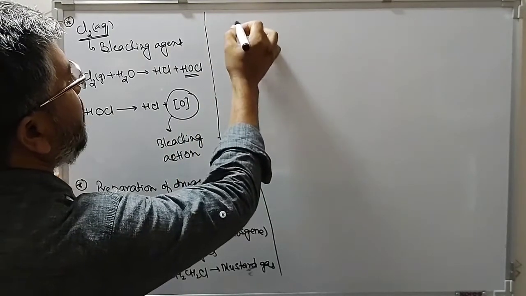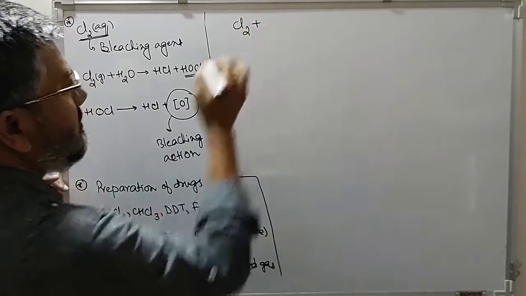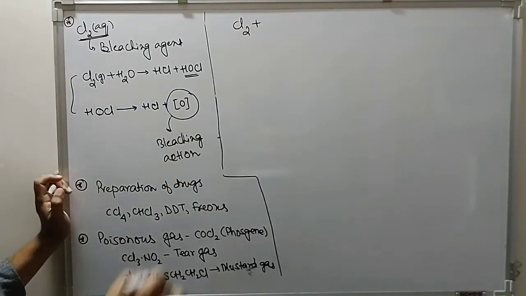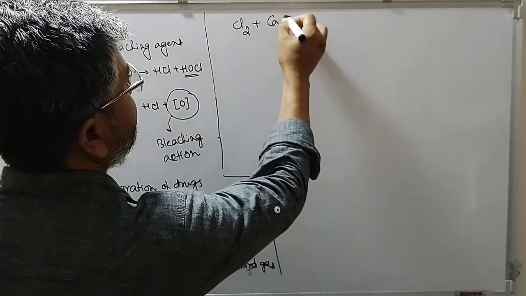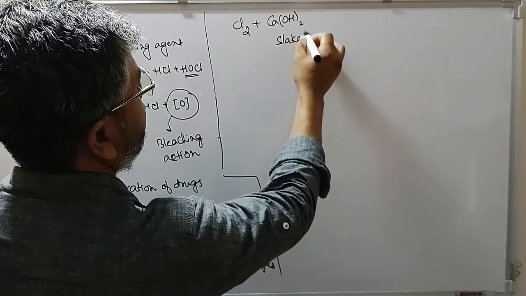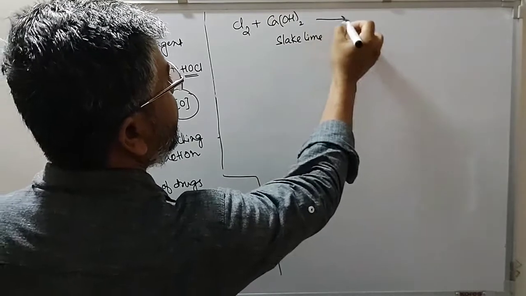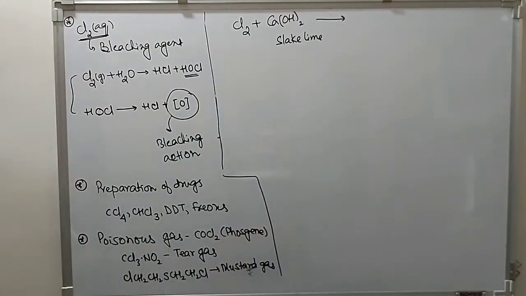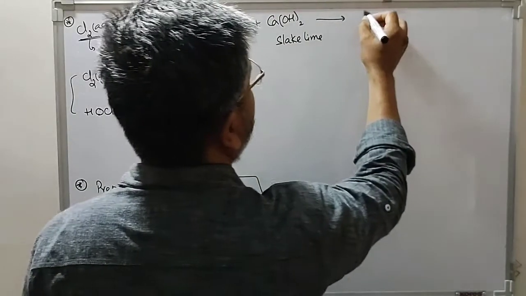Now the reaction of chlorine with dry slaked lime, that is calcium hydroxide, gives you a very important compound known as bleaching powder.